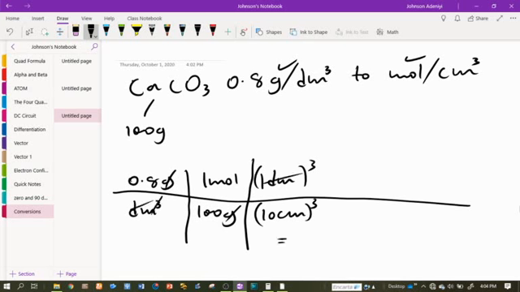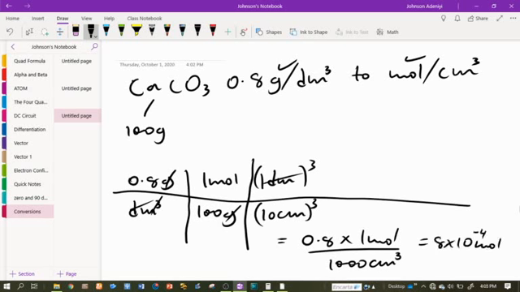So this will give us 0.8 times 1 mole divided by 1000 centimeter cube, and that will be equal to 8 times 10 raised to the power minus 4 mole per centimeter cube. Alright, so that is that.